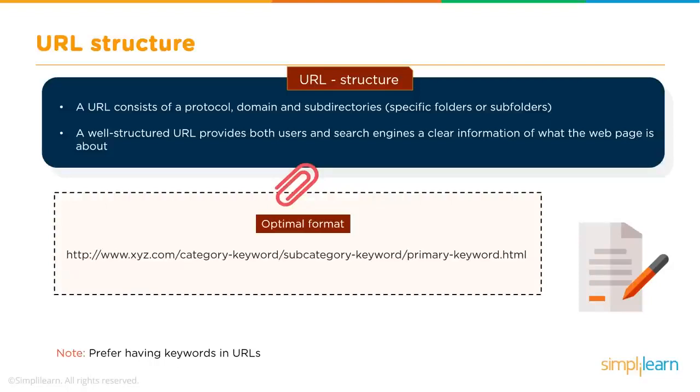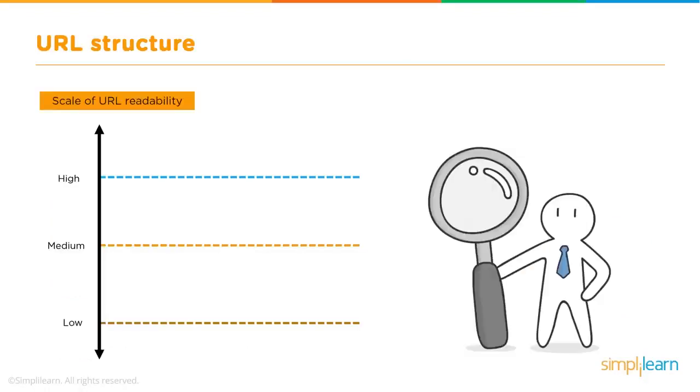But we want to keep it probably to a minimum of 1 to 2 subdirectories. The shorter the amount of subdirectories, the better off we are, because that means that not only the end user will understand the URL, but the search engines will understand the URL as well. So we always want to make sure that URL is readable, again, for the end user and the search engine.